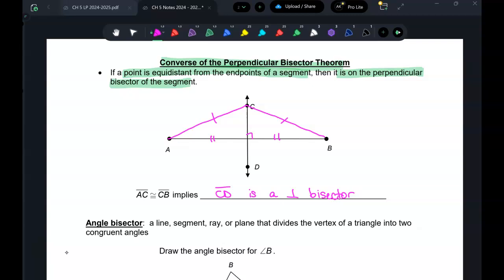We're going to do 4 different segments today. Basically, if you have an isosceles triangle, then the line that goes right through it would be the perpendicular bisector. Okay.